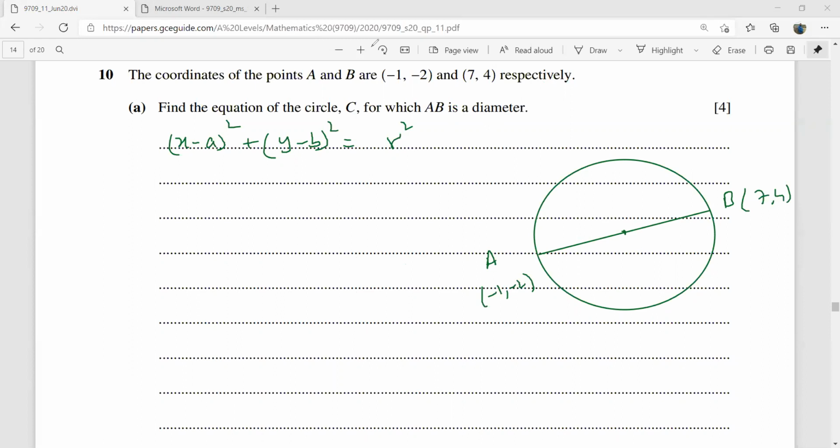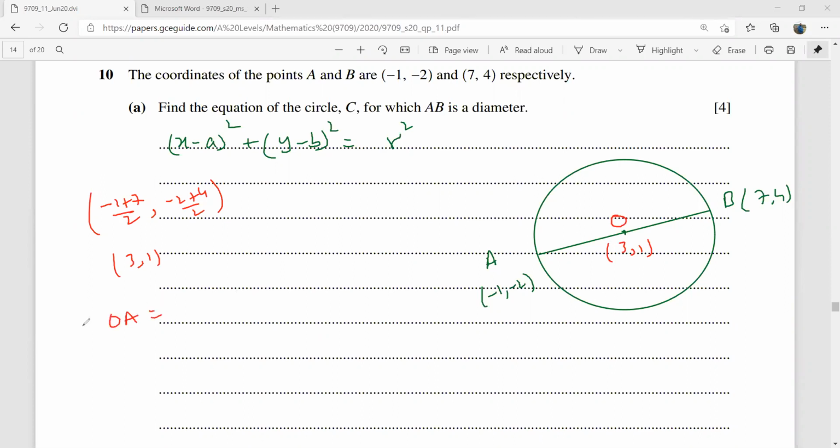So the center of the circle is going to be minus 1 plus 7 over 2, comma, minus 2 plus 4 over 2. I think we should show the working. So this is going to be 3, comma 1. This is 3, comma 1. That is the center. Let me call this O. And now you find the distance OA.